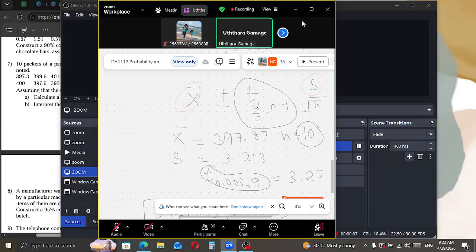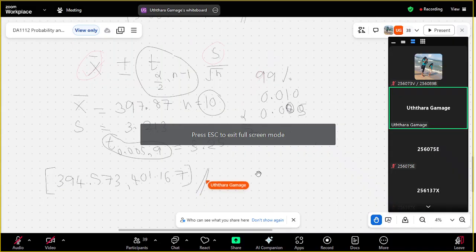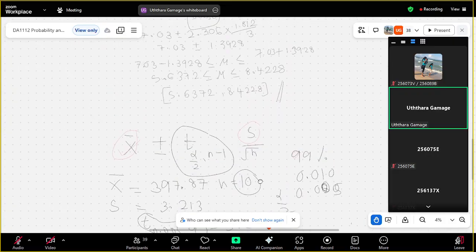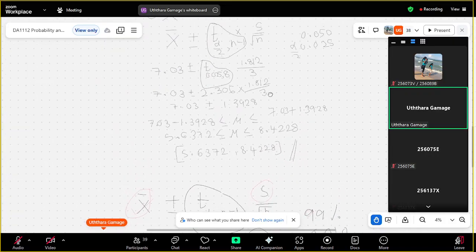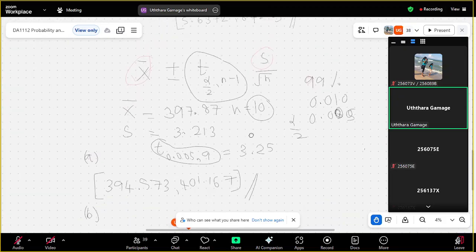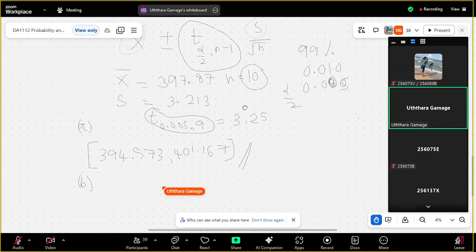401.167, right? That's the interval. That's part A. So part B is to interpret the confidence interval. What is this? 1.869?